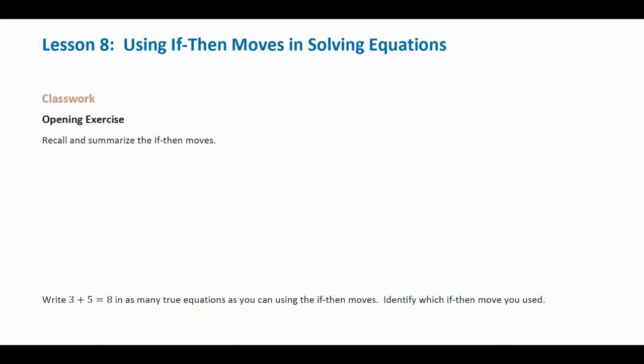So first and foremost, we need to recall and summarize the if-then moves. What are the if-then moves? This is just a simple term, or rather layman's term, of properties of equality.